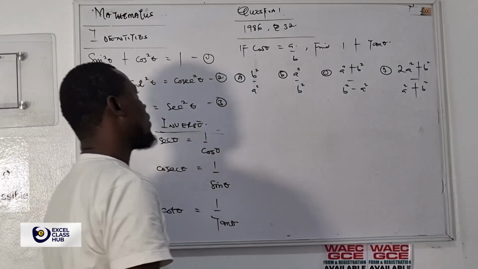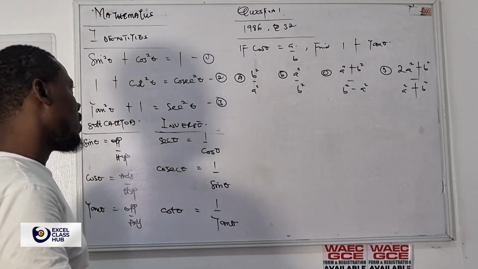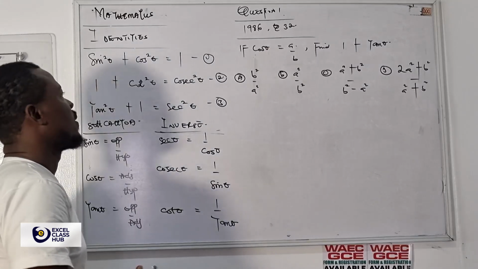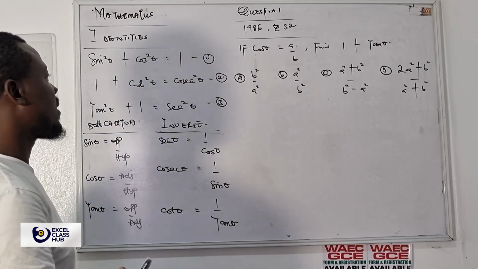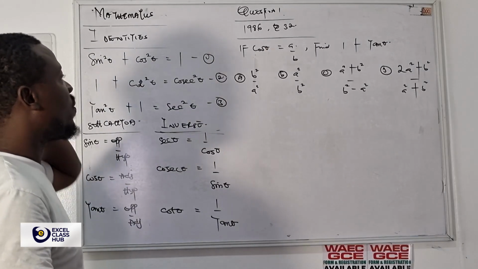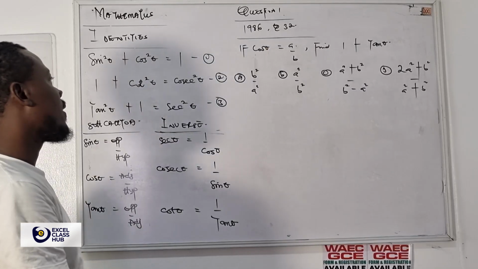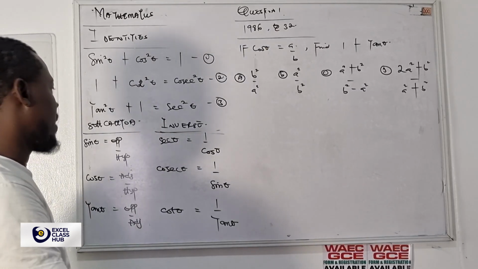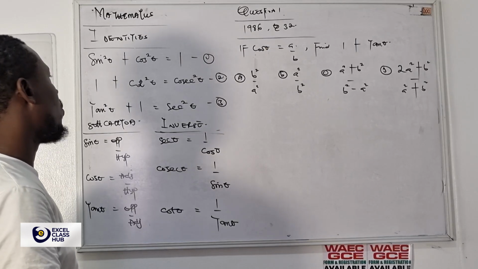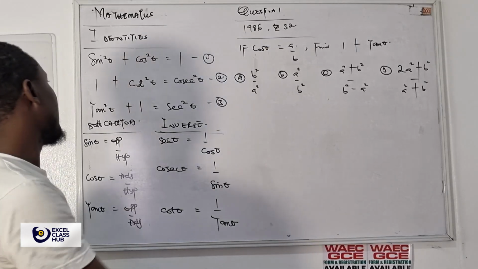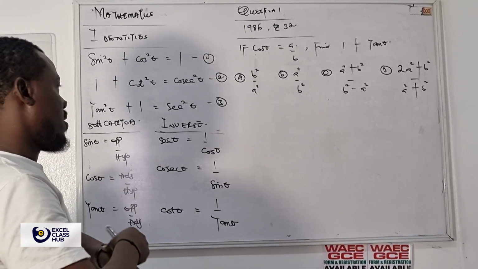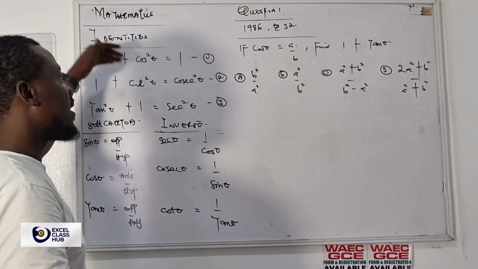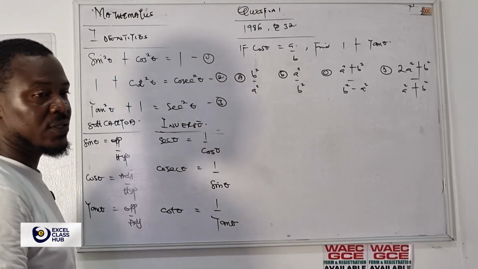So let's take a look at this question, students, please. The question says, if cos θ equals A over B, find 1 plus tan θ. If I want to solve this question, I can use my identities to solve this.